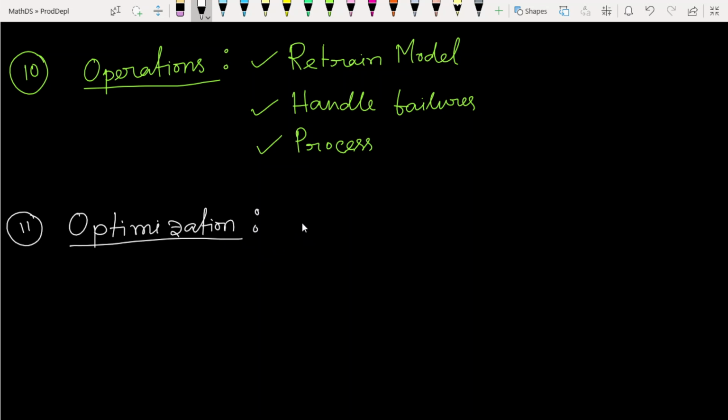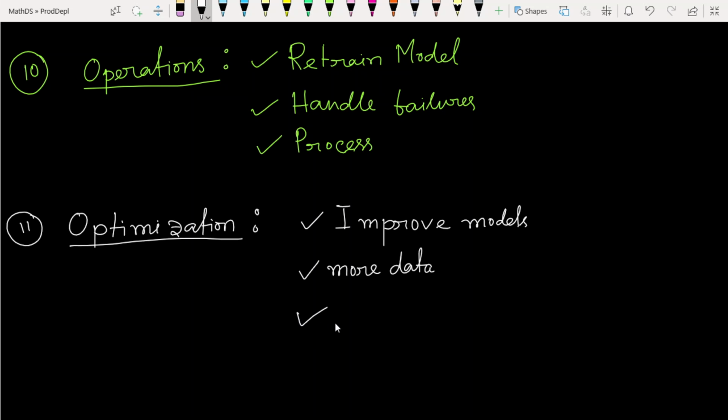Optimization means what kind of improvement we need for better output. Improving our models: how to acquire more data for getting better output. More data is also important.